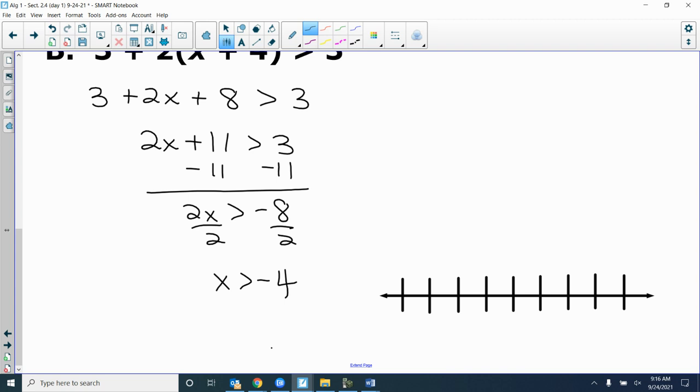All right, if everybody graphs this right, no homework. Right now, graph it. If anybody has it going the wrong way, we're going to have issues.